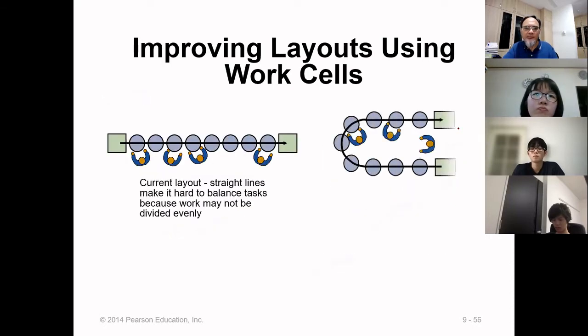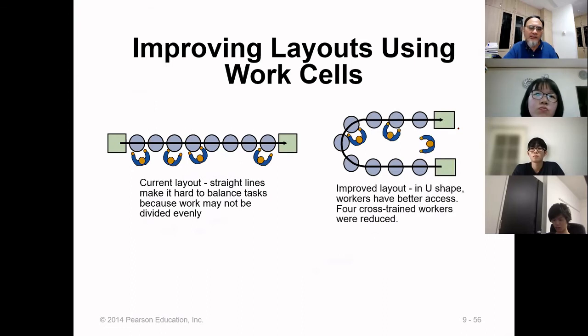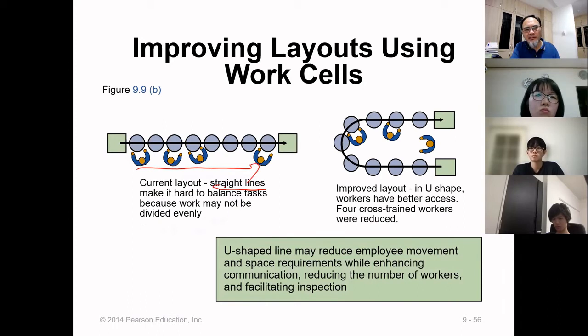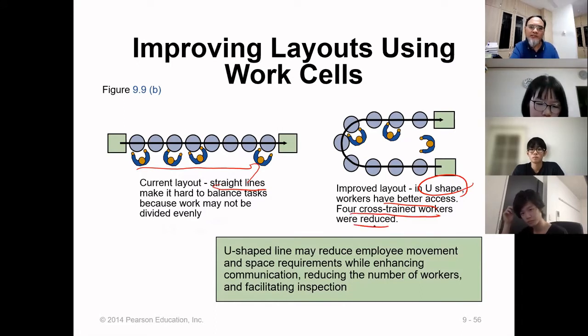Another example: rather than having a straight line flow, they create a U shape. Workers will have better access, and they can help each other. Cross-trained workers can be reduced. And the U shape may reduce employee movement and space requirements.